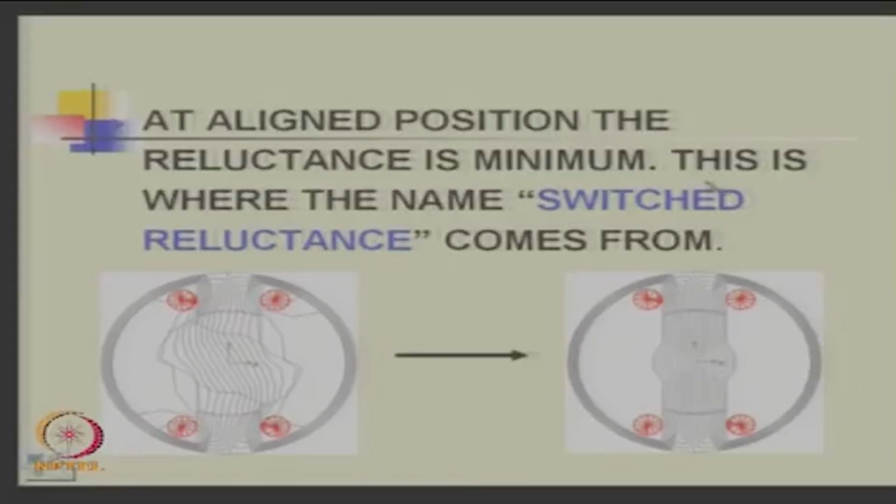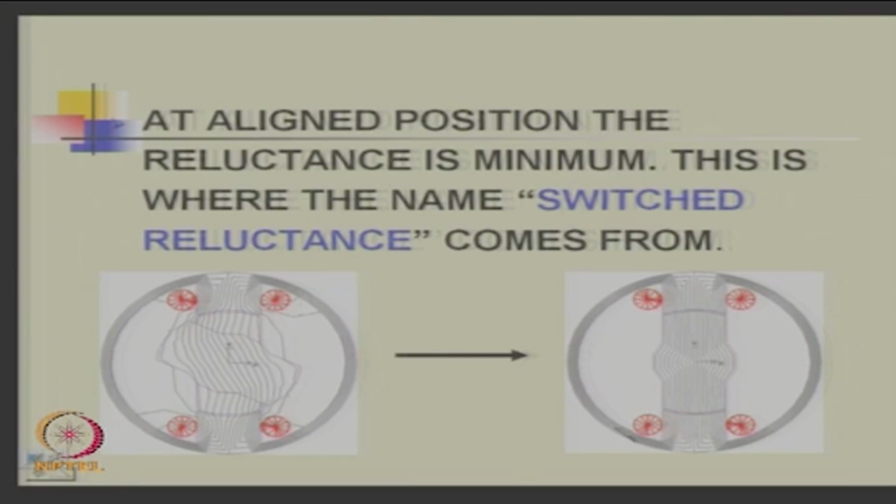Now, at the aligned position, reluctance is minimum. This is where the name switched reluctance comes from. You switch the reluctance. So, here, is it aligned or unaligned? This one is aligned, you see this is the flux path, the flux goes nicely and it divides into two paths, right.